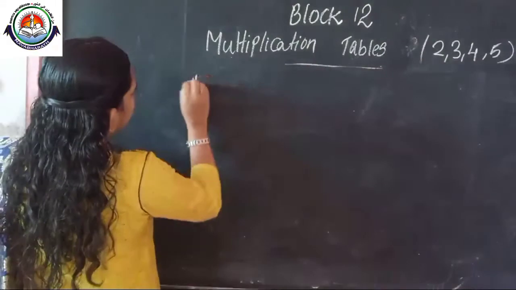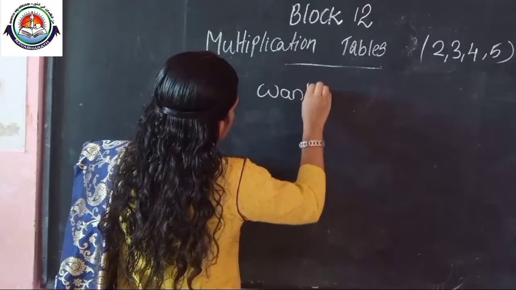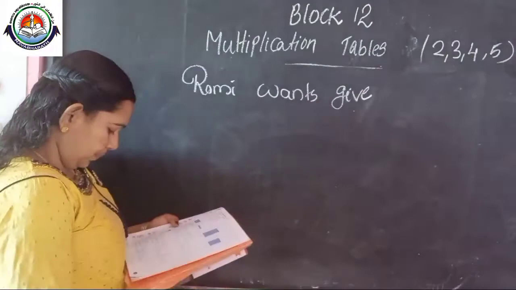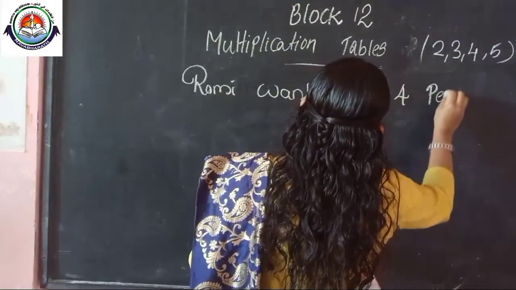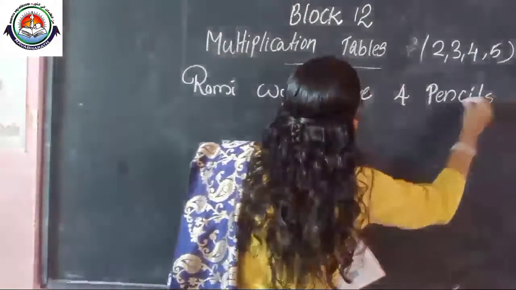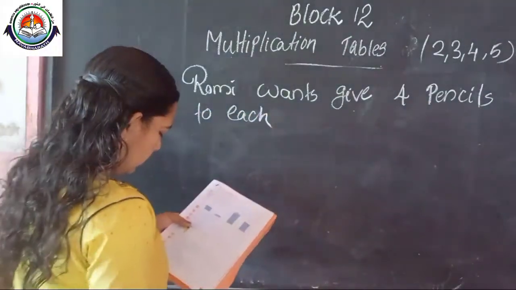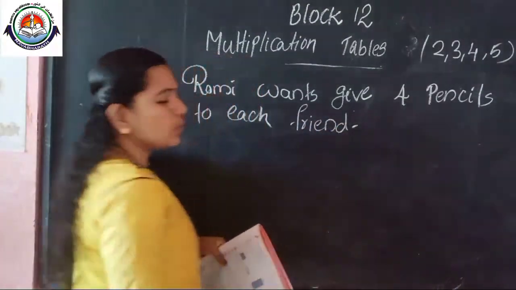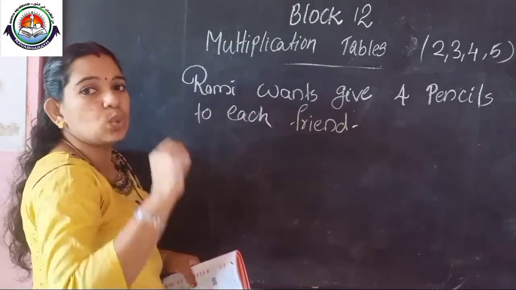Romy wants to give 4 pencils to each friend. She has some friends, so she wants to give 4 pencils to each one.